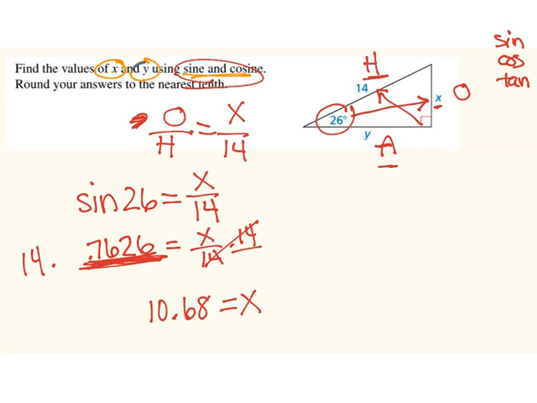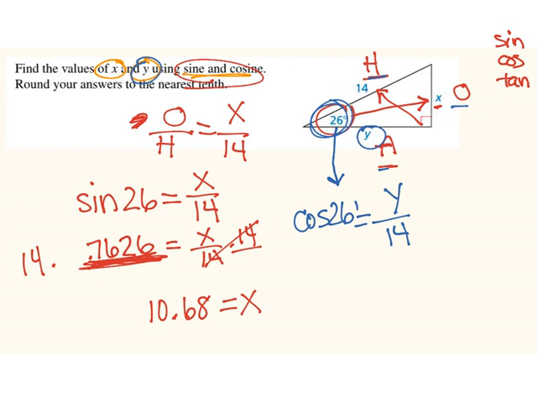So to find y, we're using the same opposite, adjacent, hypotenuse because it's the same angle that we're talking about. But in this case, y is the adjacent, and we're going to put it over the hypotenuse, and that's the cosine of 26. So I put that angle measure in there as my number, and that's what I'm going to find on my calculator.